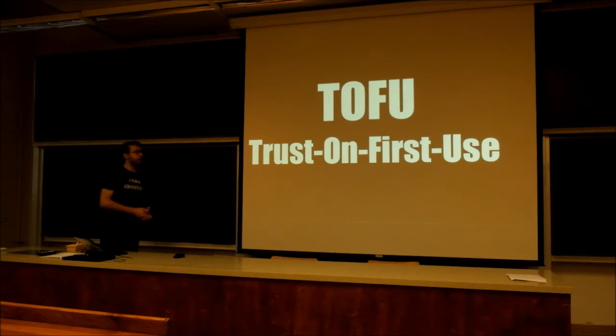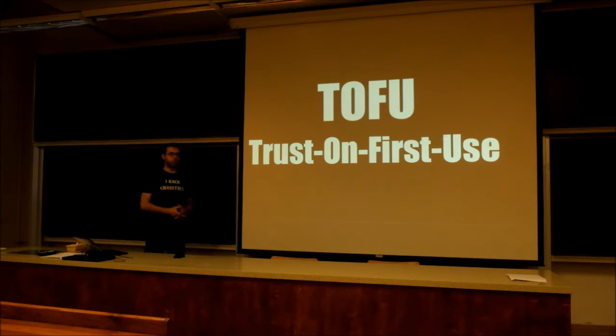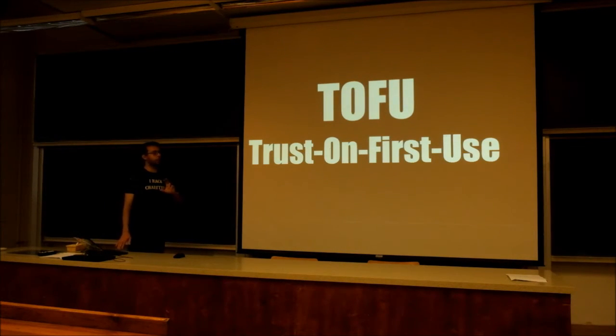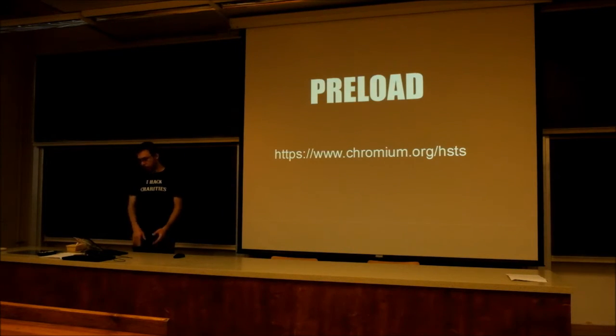But luckily, there are some features of the HSTS that can be used to also prevent that, so that we can also trust the first request, which is going from the browser to the server. It's called a preload list.